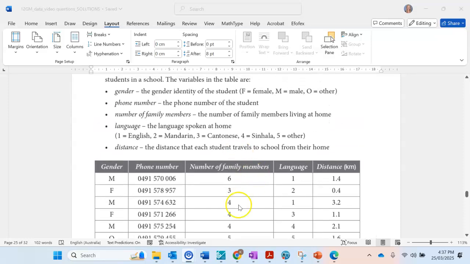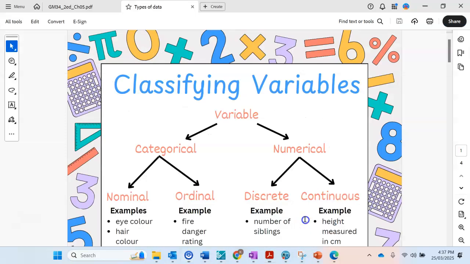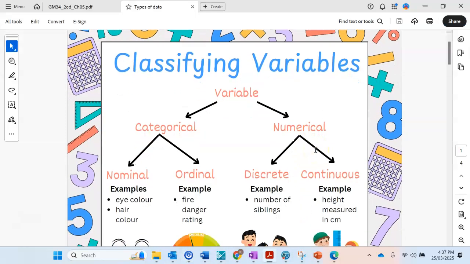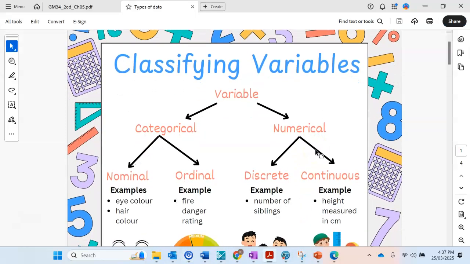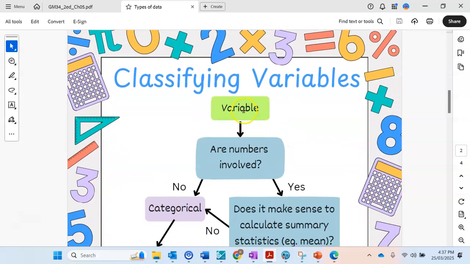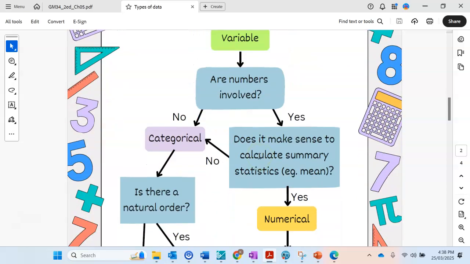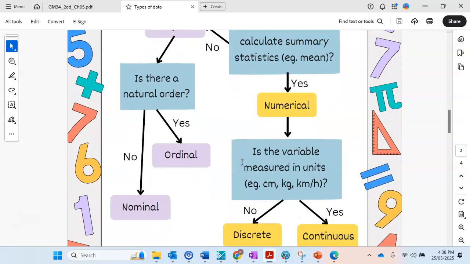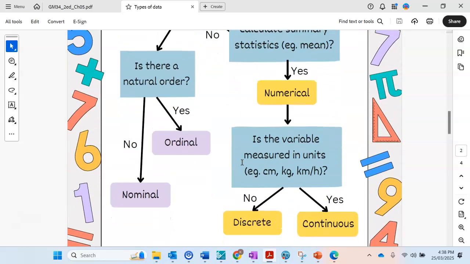So when we're classifying variables, just remember you've got categorical, numerical, and then under categorical you've got nominal or ordinal, and under numerical you've got discrete and continuous. You can use this little map to help you decide what type of variable they are. So you've got your variable, are numbers involved? Yes or no? And then you just work your way through to help you decide.